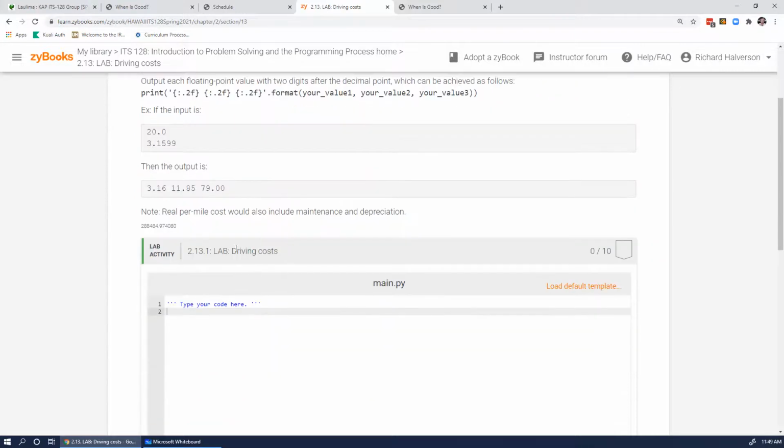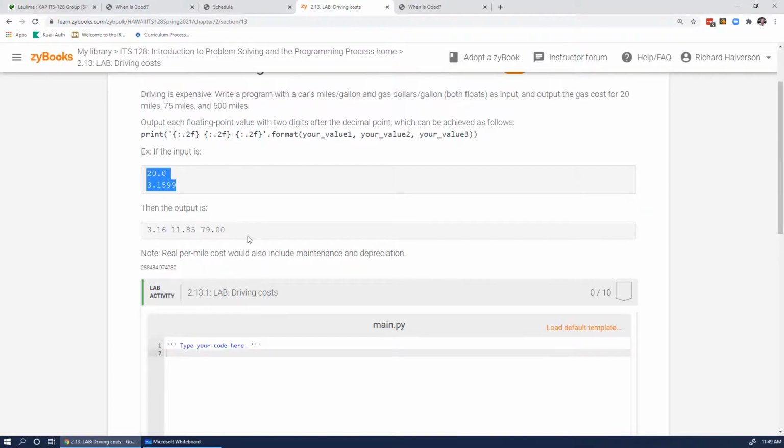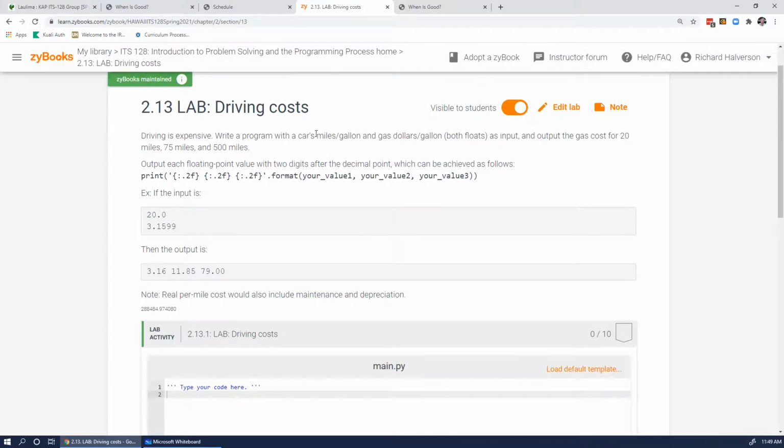Okay, and we're supposed to write a program where the input is these two and the output is these three numbers. So miles per gallon and dollars per gallon.